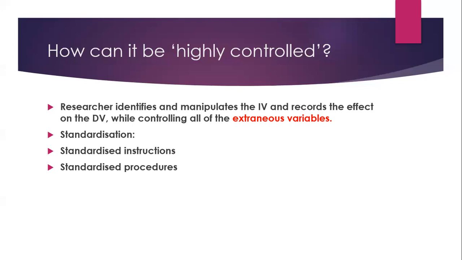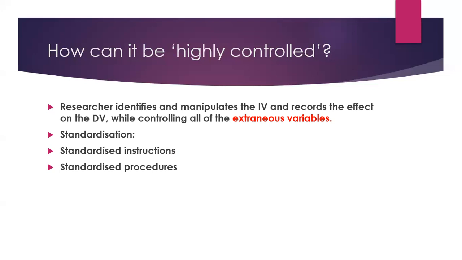But that's not just for participants, because standardized instructions would have to be delivered by researchers, so that will be standardized on how they deliver those. We'd also have standardized procedures. That means we have a set format in which we carry out everything.